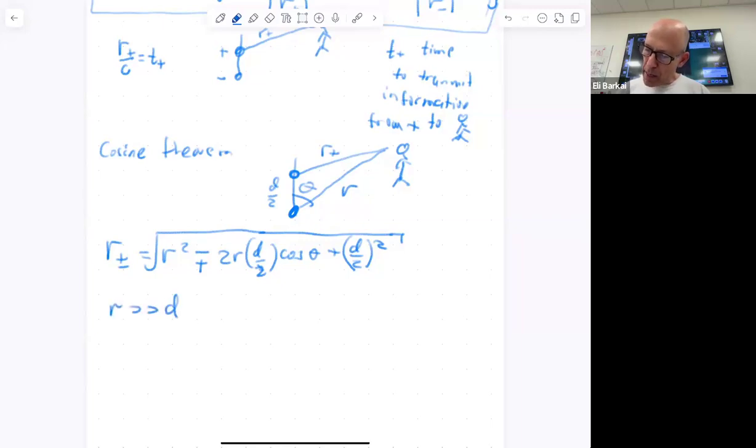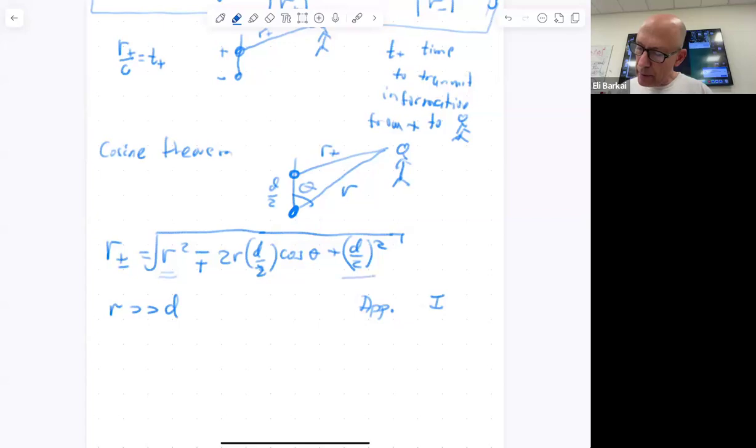So this is our approximation number 1. If we are looking far away, we don't care about the small scale distances, then we see immediately that the leading term is going to be this one. So this is like Goldilocks and the three bears, the papa bear, the mama bear, and the little bear.